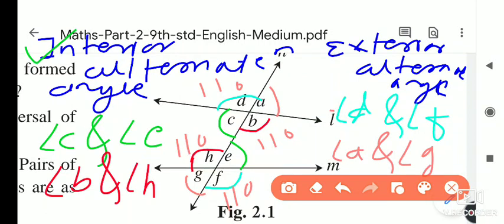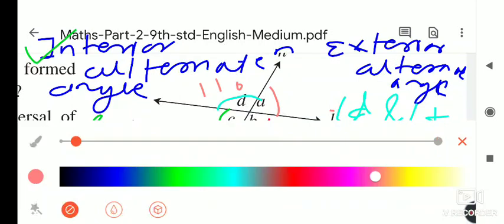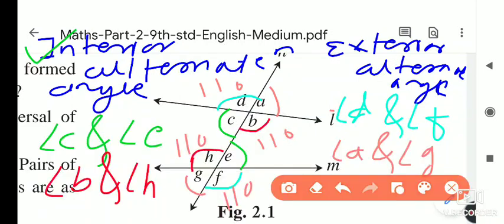If D is 110, then A is equal to 70. Why? Because they are on a straight line, and these are linear pairs, and that's why its measure is 70. Then after that E is also 70 and G is also 70.